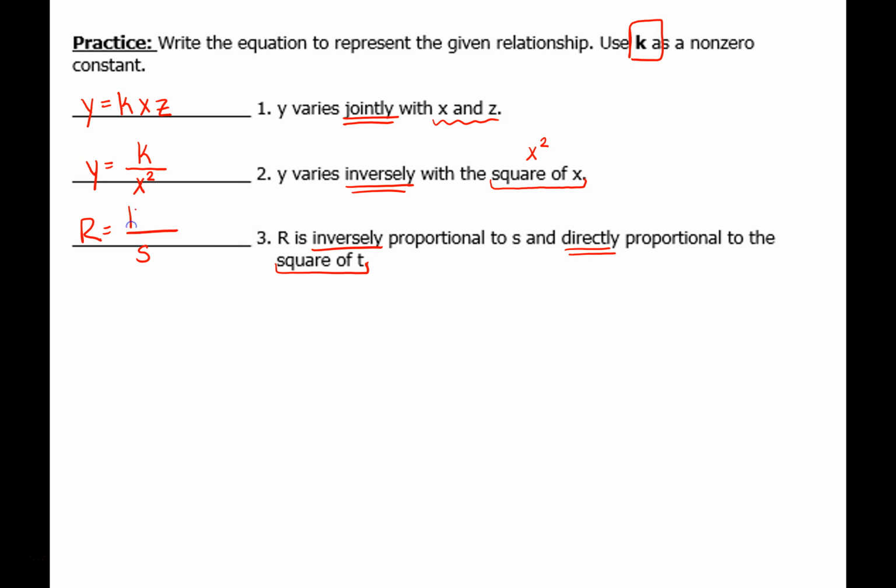I'm going to have my constant term, and also up in the top, I'm going to have, as part of my product, the square of t, t squared. So that guy's going to go there. Okay, so for this one, this is inverse and also direct variation. So you can see I have one variable down in the denominator as the inverse part, and one variable up in the numerator as the direct variation part.